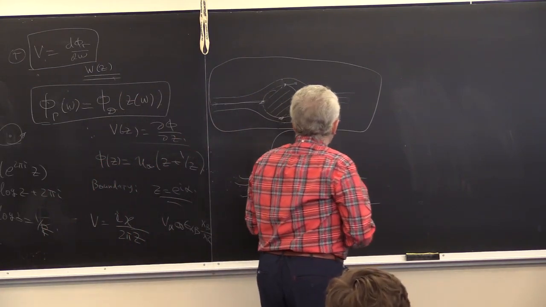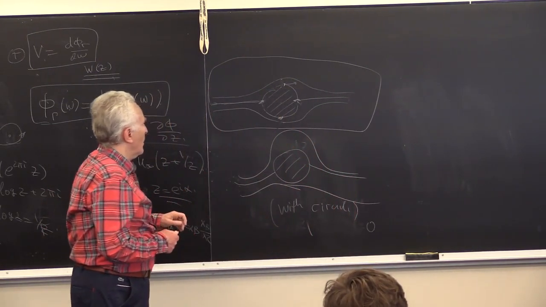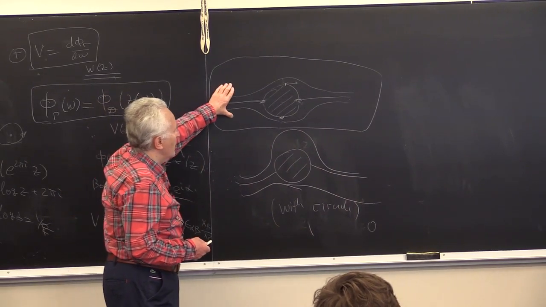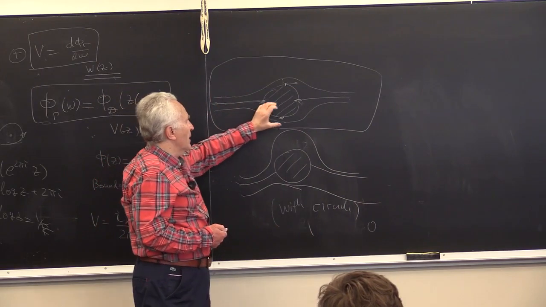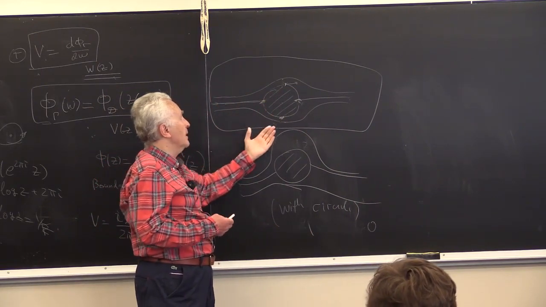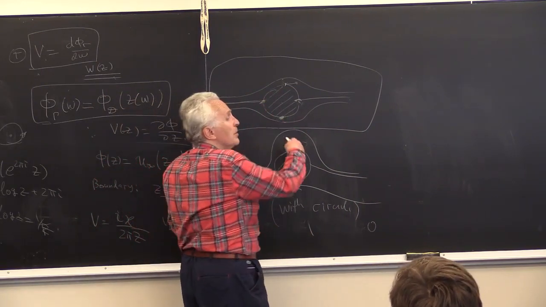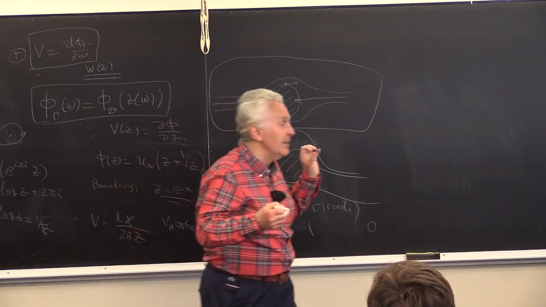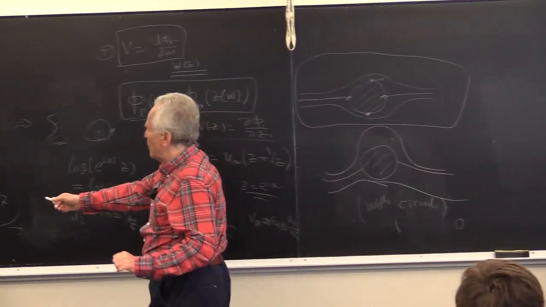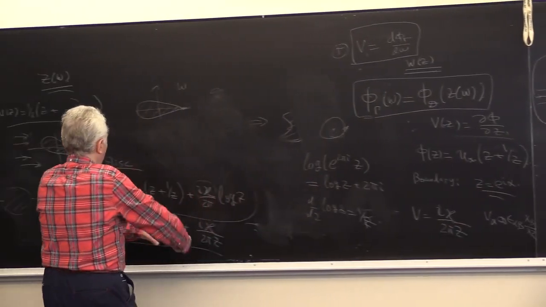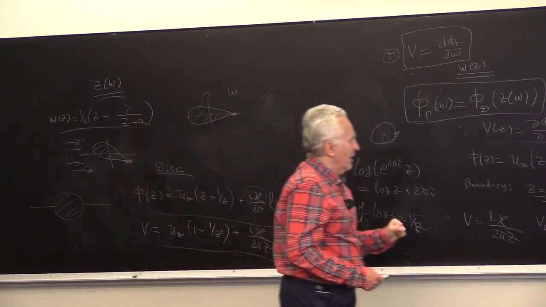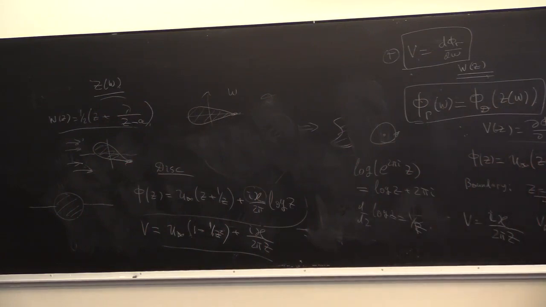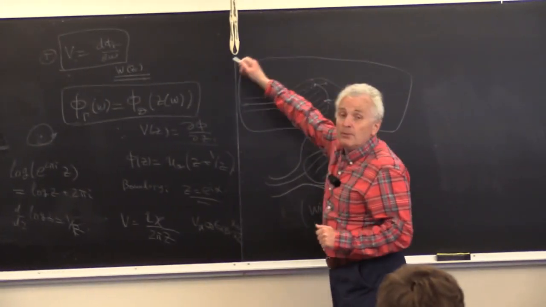Now, if you look at this picture, you realize from Bernoulli again that the picture is completely symmetric. If you look at this formula without the circulation, it's symmetric under z to minus z, which means that there is no lift force here.